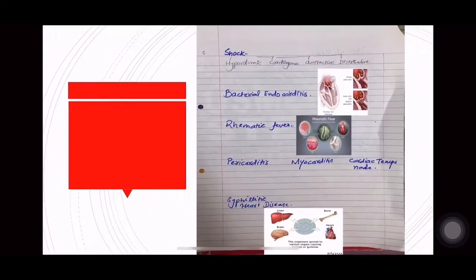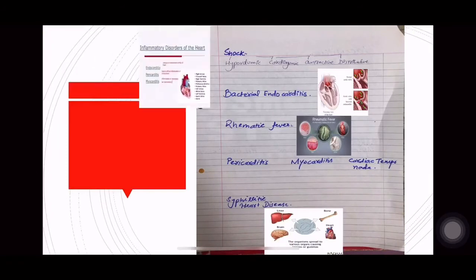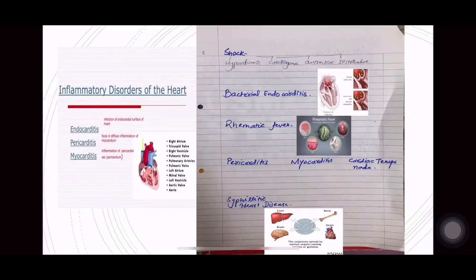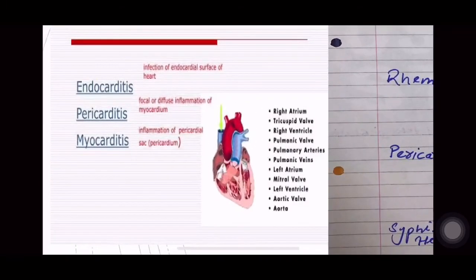And then we have inflammatory disorders of the heart: endocarditis, pericarditis, and myocarditis. Endocarditis is infection of the endocardial surface of the heart. Pericarditis is inflammation of the pericardial sac, and myocarditis is focal or diffuse inflammation of the myocardium.